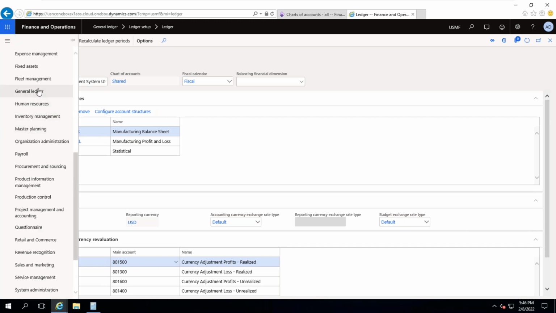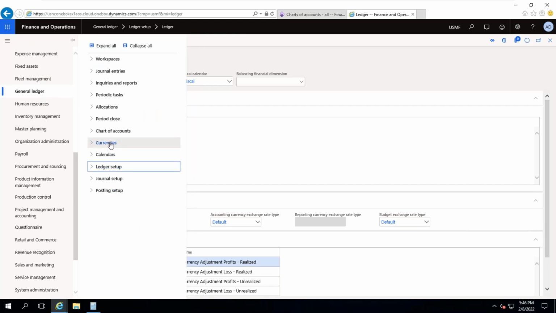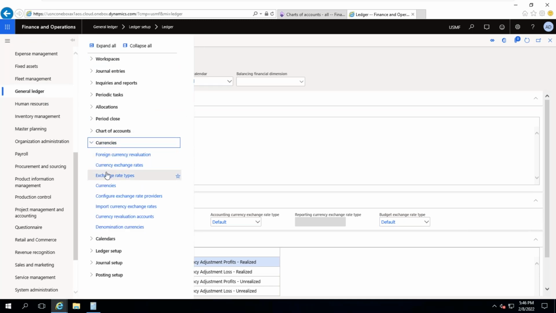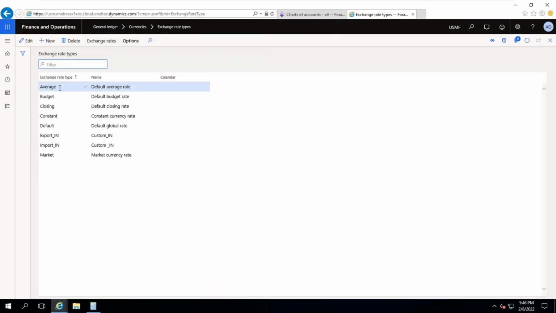Look at this one, general ledger, currencies, currency exchange rate types. You can create exchange rate types. You can give a naming convention: one is average, one is closing, one is default, different exchange rate types you can create. Once it is created, you can go to exchange rates.